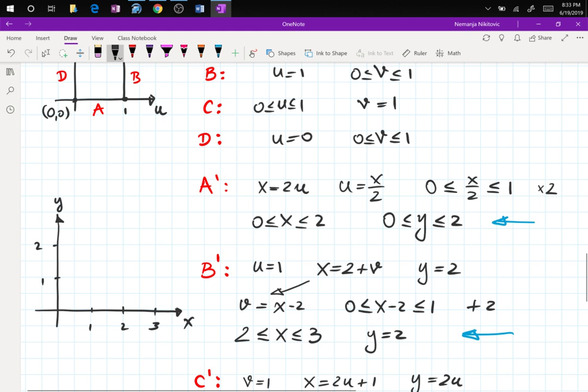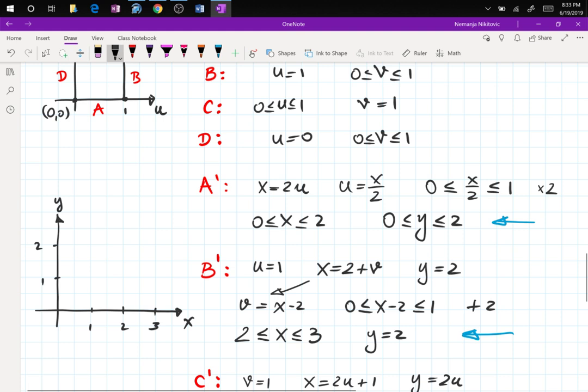So region A prime, x is 0 to 2, and y is 0 to 2. Now, what would that be? How about we do the other ones and then we come back to that?